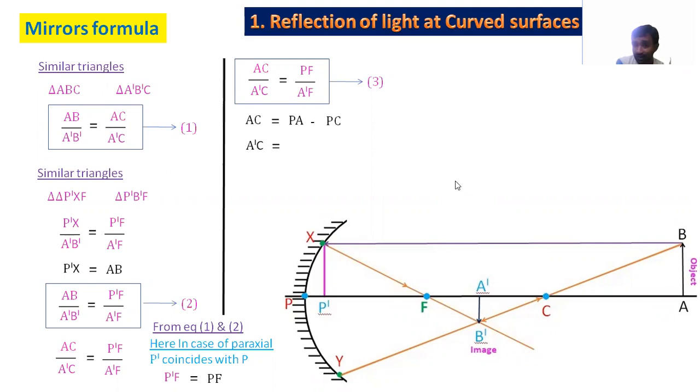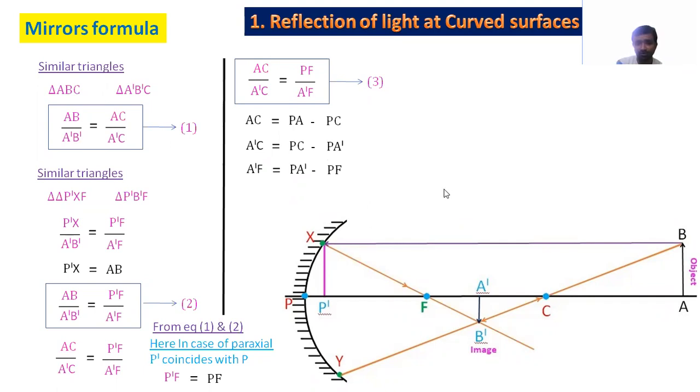So I am subtracting from the known place, PC minus PA dash. Then unknown values, that is A dash F. I don't know A dash F. So I know P to A dash. So using that logic, P to A dash, then remove the part which you don't want, so minus PF. So this I got.